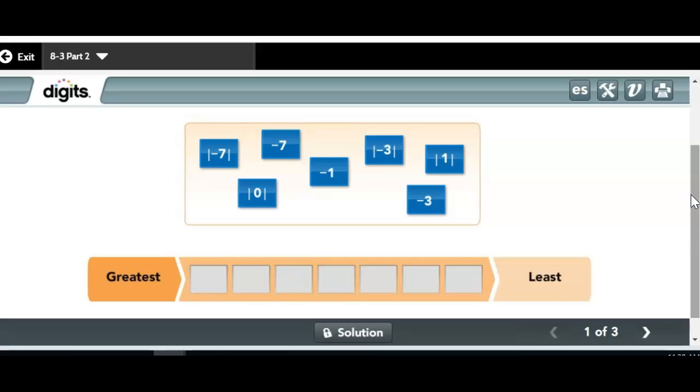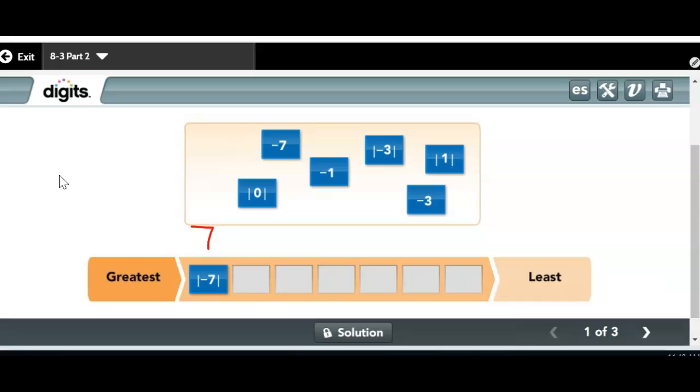Look at all of these. It's on your paper too. Which one has the greatest value? You can apply the absolute value to it. Chris, what do you think? The absolute value of -7. Awesome. The absolute value of -7 does have the greatest value because what is it? Melody? It's 7.